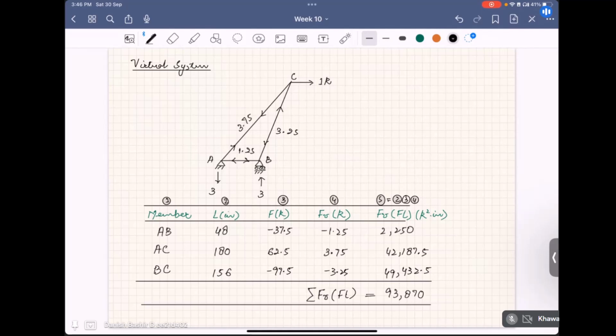Now what our formula says is that... I'm writing here to make it separate like this.